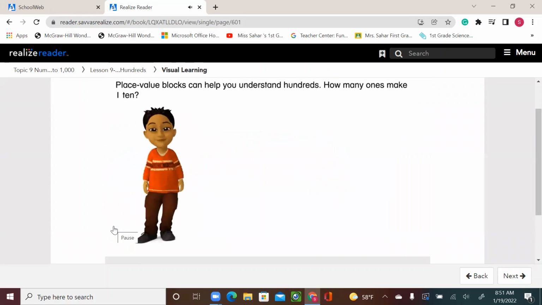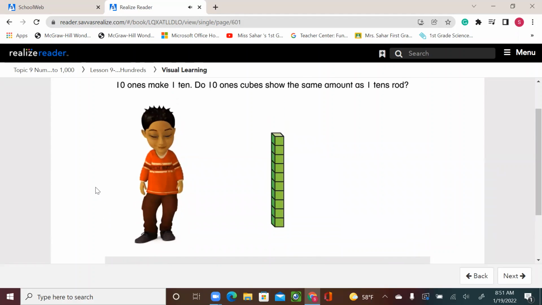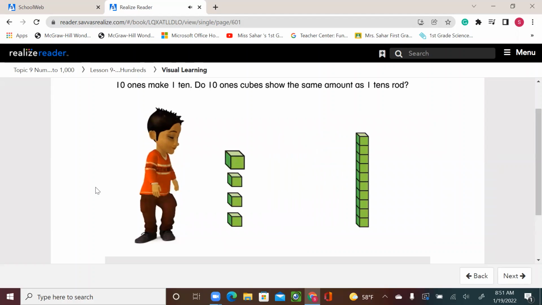Place value blocks can help you understand hundreds. How many ones make 10? All right, so we know this is 10. How many ones make 10? 10. Very good. 10 ones make 10.